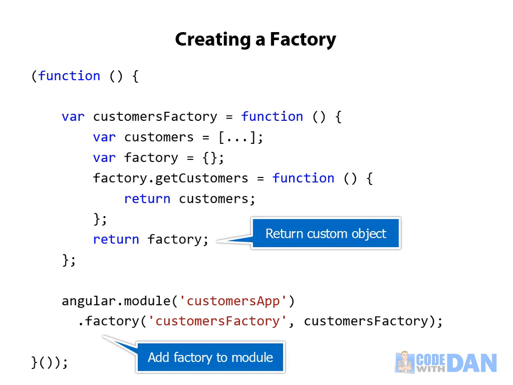So in this case, to add a factory, we simply call module.factory, give it a name, and then give it the function on what to do. What I really want to emphasize with a factory, though, is that we create a custom object, we control what goes in it, and then we return it out of the factory function. And you're going to see when I get into services, that's the big differentiator.